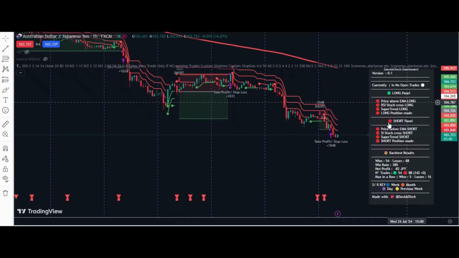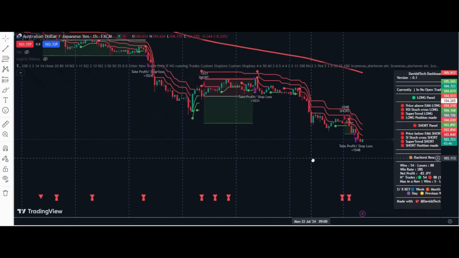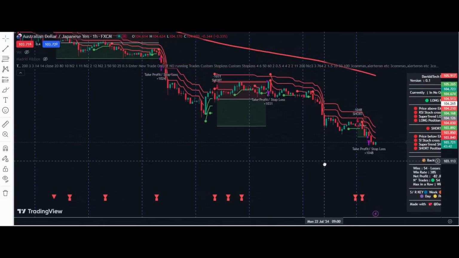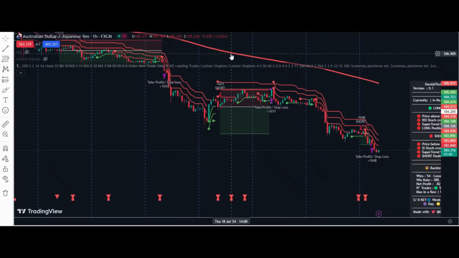With this clarity from the dashboard, it's much easier to understand the direction. And the 200-day moving average, which is our base, tells us the direction of the market as well. So now you have multiple layers of confirmation of your trade.